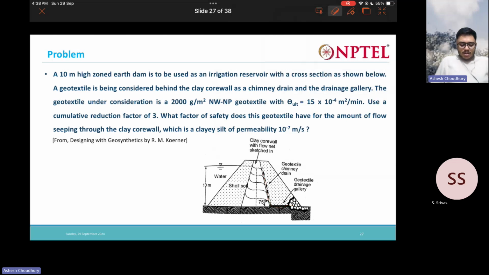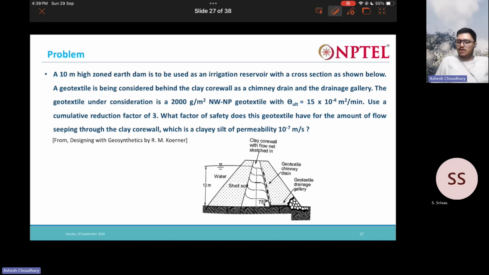A geotextile is being considered behind the clay core as a chimney drain and the drainage gallery. The geotextile under consideration is a 2000 gram per meter square non-woven needle punch geotextile with ultimate transmissivity of 15 into 10 to the power minus 4 meter square per minute.